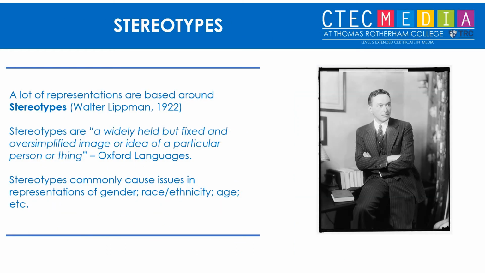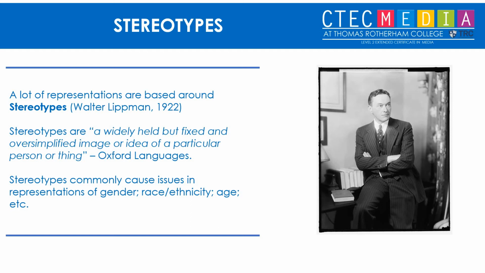Okay, so the first thing we need to look at is how a lot of representations are based around stereotypes, okay? So I just wanted to quickly go over what the definition of a stereotype is. I'm sure you all know what it is, but it doesn't hurt to go over it one more time. So a stereotype is a widely held but fixed and oversimplified image of a particular person or thing.